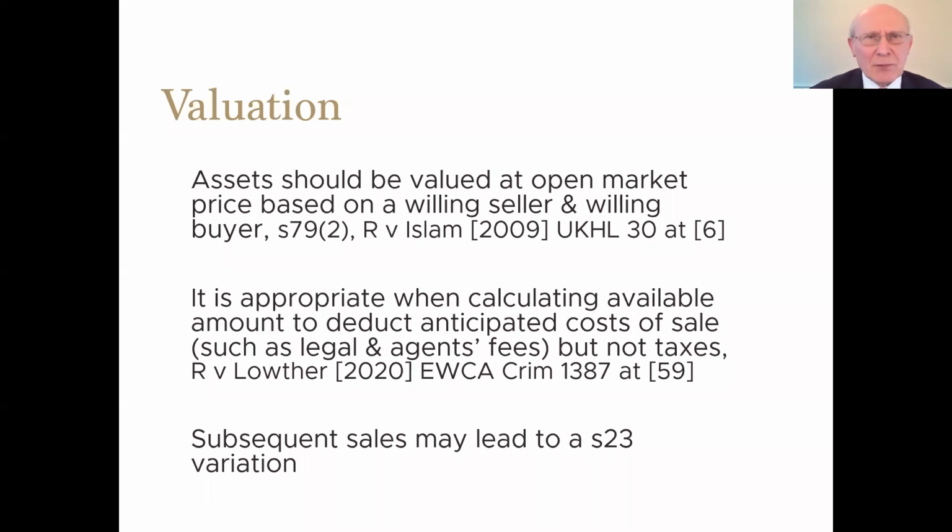There's a band, for example, 0 to 10,000. There's a band 10,000 to 500,000, a band from 500,000 to 1 million, and a final band of over 1 million. So if we've got our chap who did have 450,000 available amount, or so he thought, or so the court thought, and he's now only got 350,000, well, he's still in the same band.